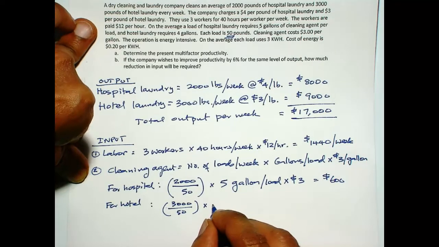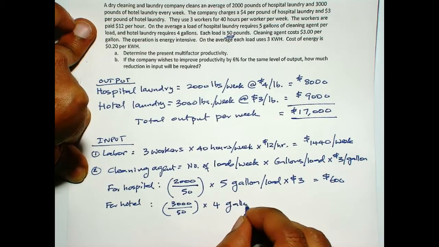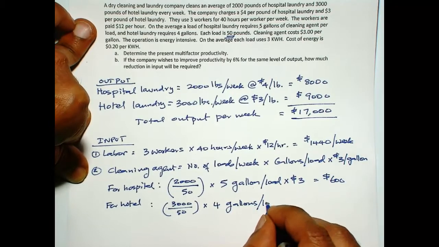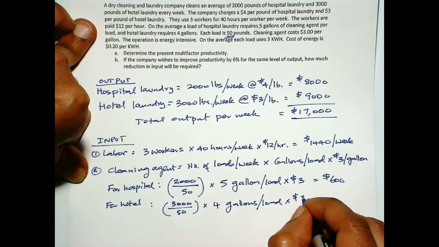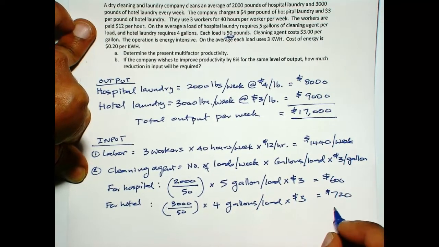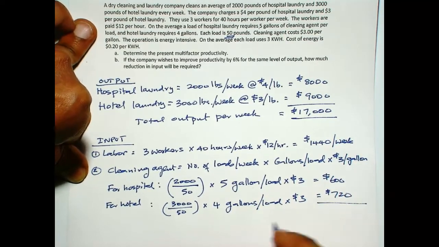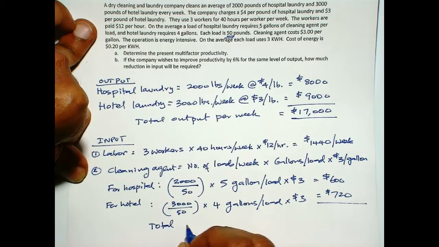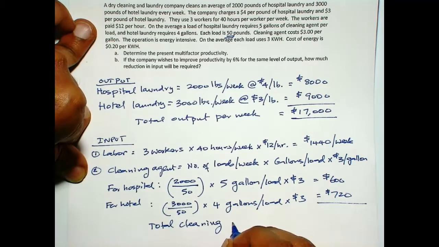So it gives you $720. So total cleaning agent per week is $1,320.